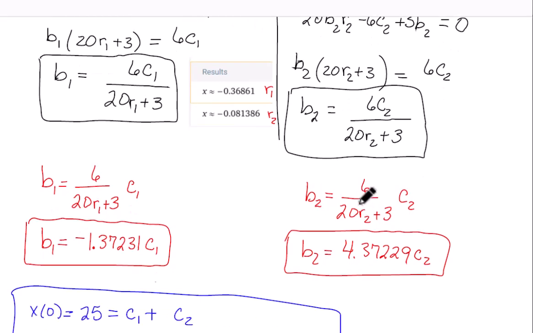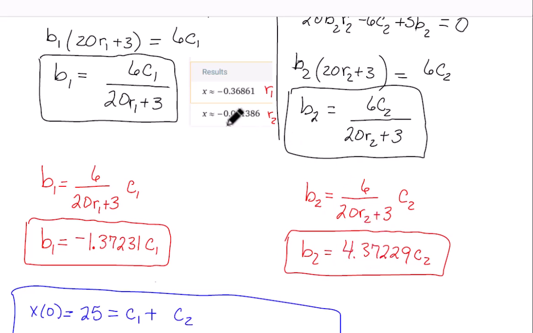But the problem is I don't really want to carry all of this stuff as we go forward. So I plugged in what I knew about R1, calculated all this, and then I kept as many decimal places as I could to figure out B1 and B2.